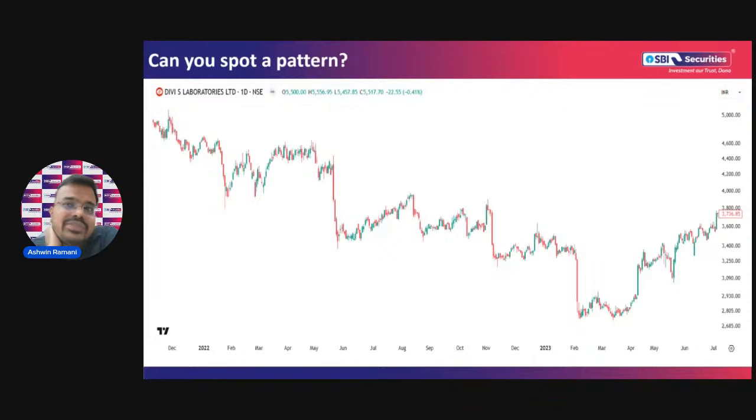Any patterns that you see in the Divi's Labs daily chart? No patterns. Okay, still trying to spot a pattern in this daily chart of Divi's Lab. I can already see 2 patterns here.